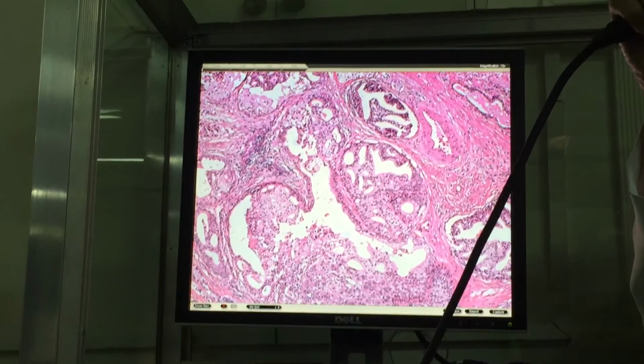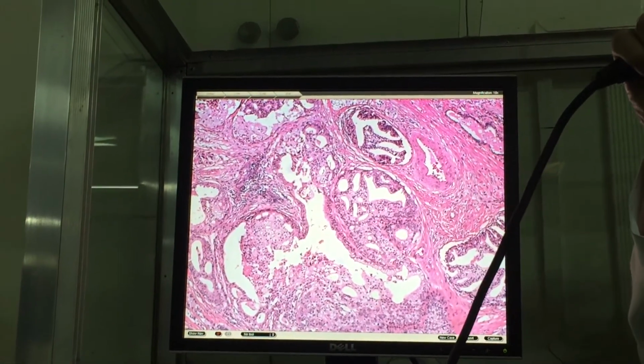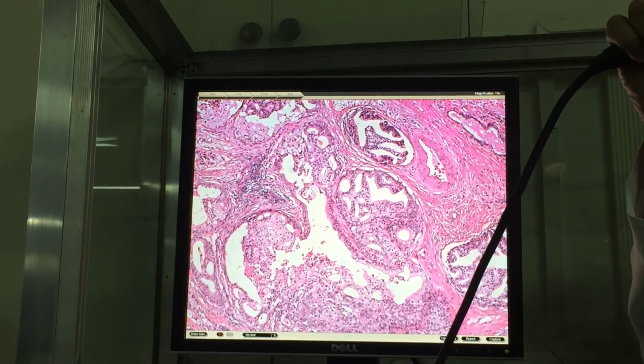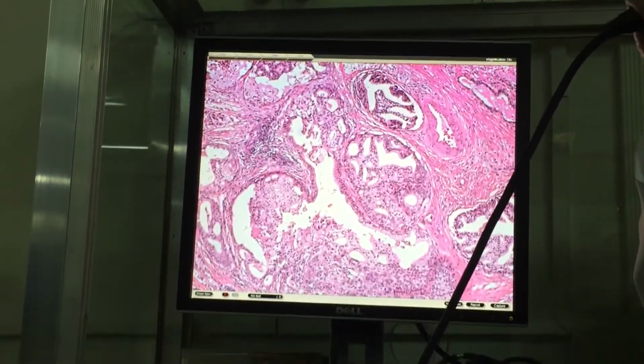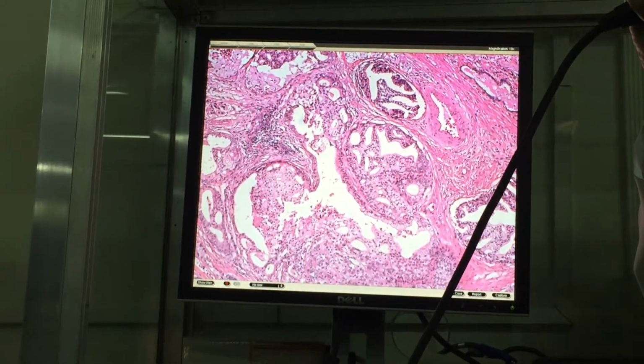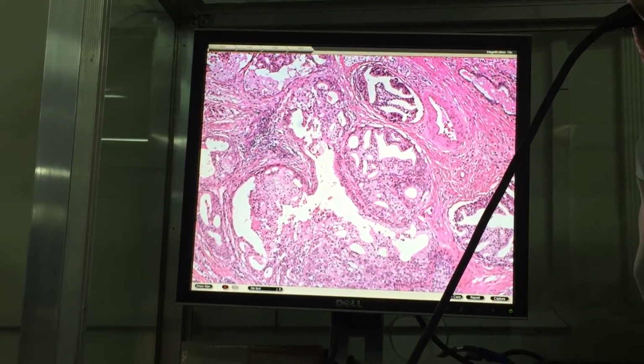How do you grade adenocarcinoma of the prostate? What grading system will you use? Letter G? As in Gleason's scoring, Gleason's grade. Your Gleason's grade, if you look at your books, has 5 patterns.